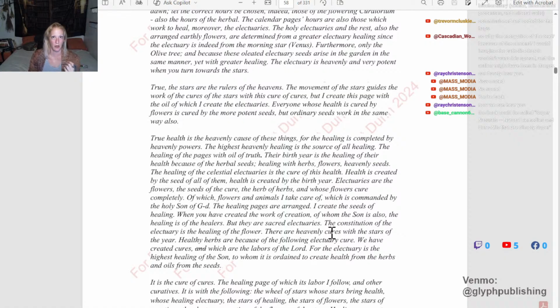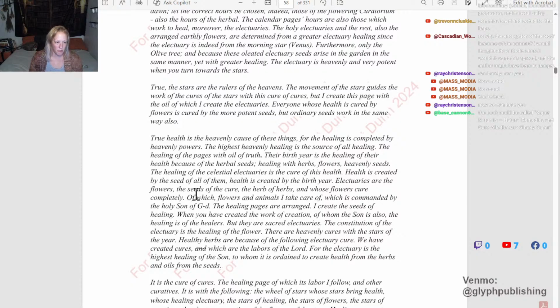It represents hoc, heg, hunc, hic. He collapses all of the cases into one word, one abbreviation, so he doesn't have to bother with it. Okay, so the health is created by the birth year.